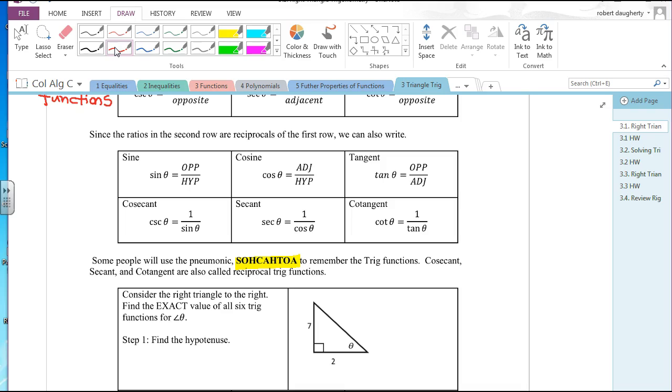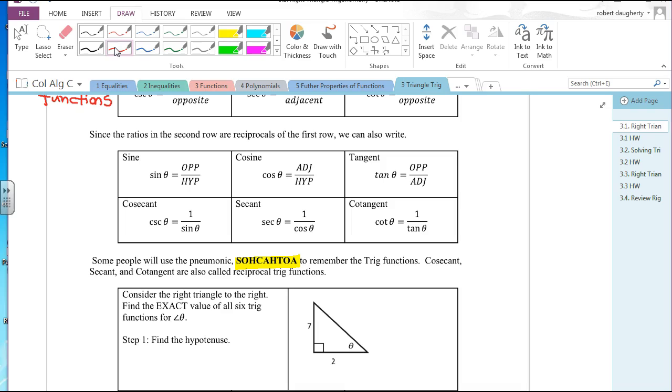The next one, the cosine, is the adjacent over hypotenuse. The tangent is the opposite over adjacent. So you've got to know this, okay? Some people find it helpful just to write it down, and that way you've got it to refer to on the quiz.